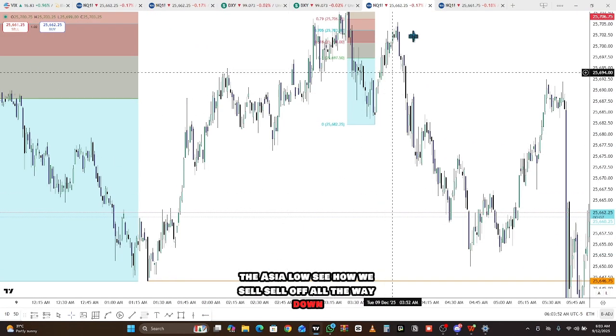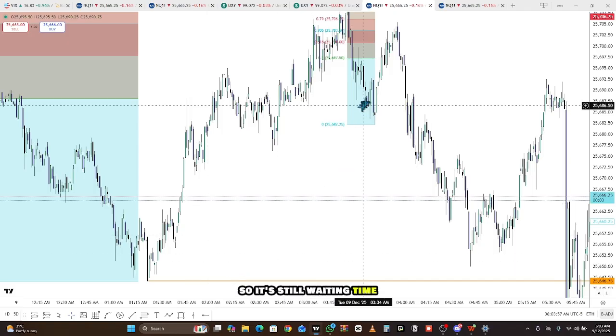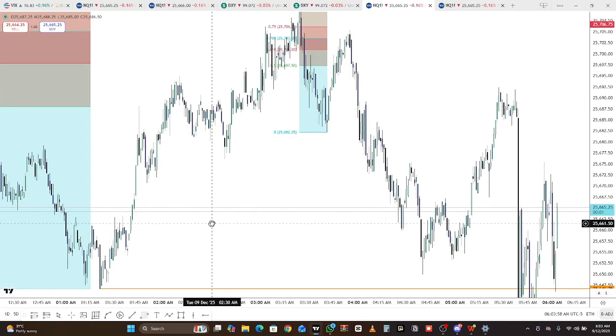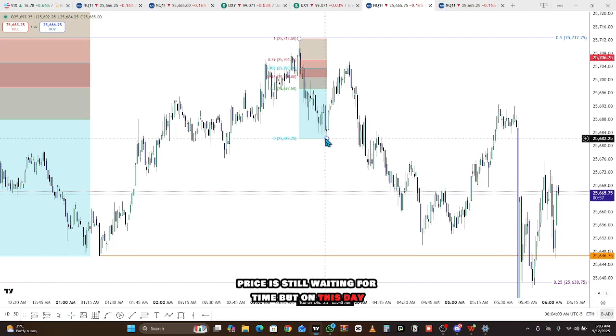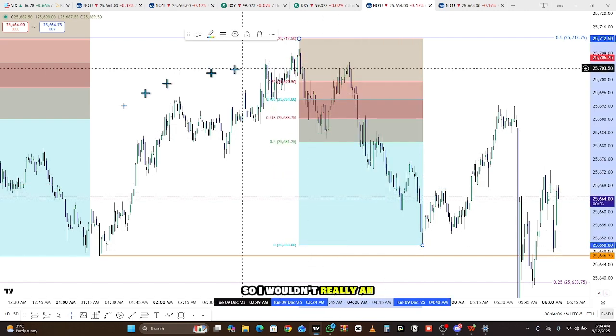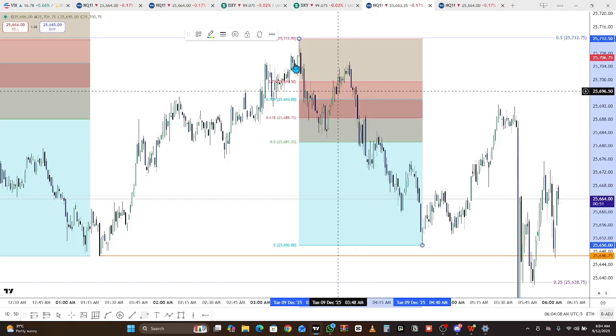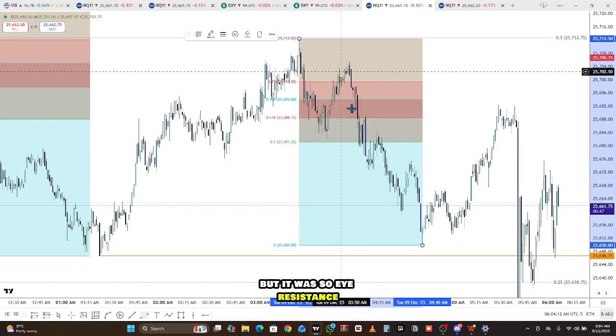See how we sell off all the way down, we engineered more liquidity, so it's still waiting time, price is still waiting for time. But on this day, this is a high resistance day, so I wouldn't really like how this market delivered, because I was in this trade but it was so high resistance.